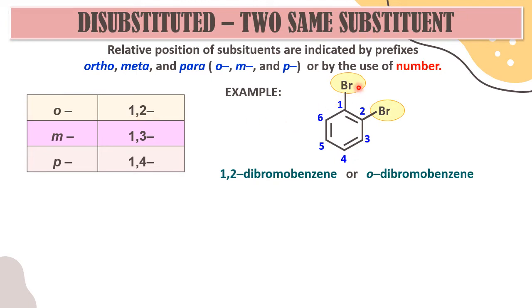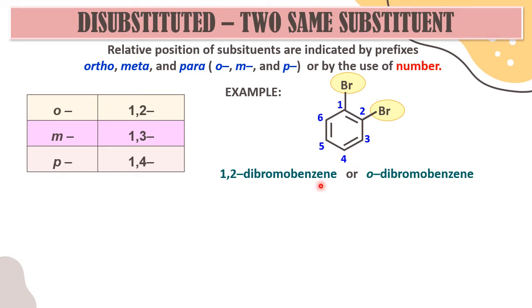The bromine here is at carbon number 1, this bromine at carbon number 2. To write it down, we separate the letter O from dibromobenzene with a hyphen. It's not a comma, even though both are letters, because ortho here represents numbers, so that's why we put a hyphen.